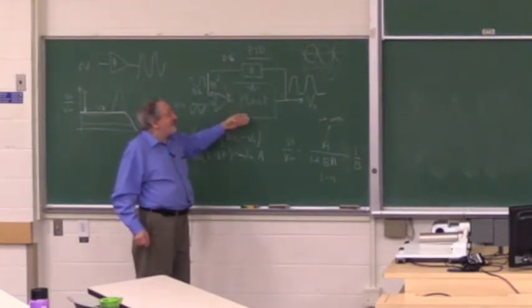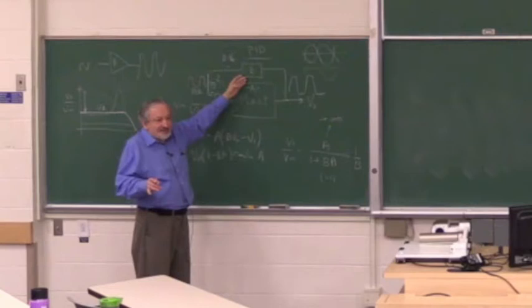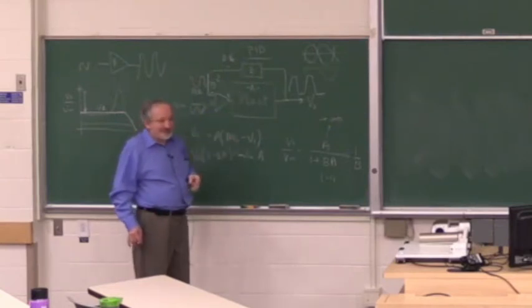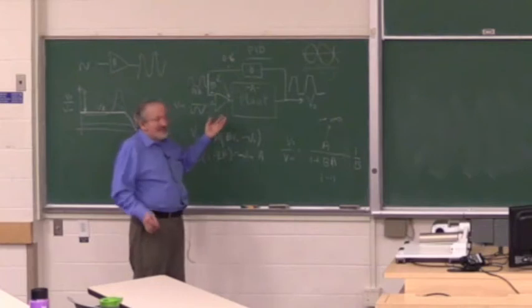Now, if the phase shift is less than 180 degrees, let's say it's 170 degrees, it will still oscillate, but the gain has to be more than 1. Okay? Because it's not exactly the difference. Right? If the phase shift is like 90, it probably will never oscillate.